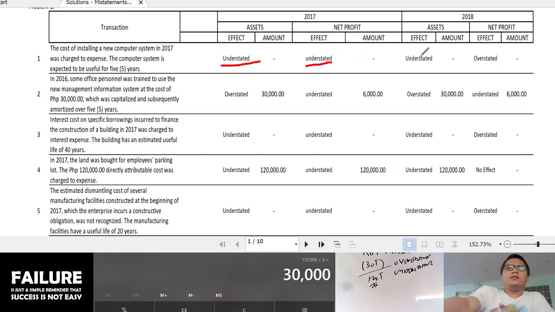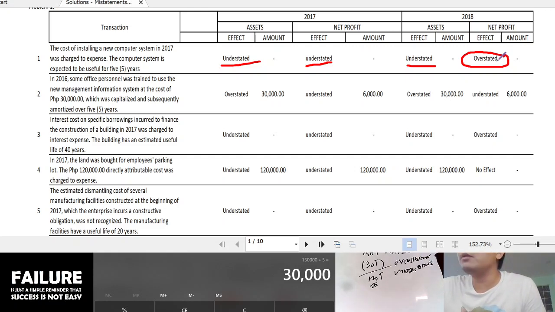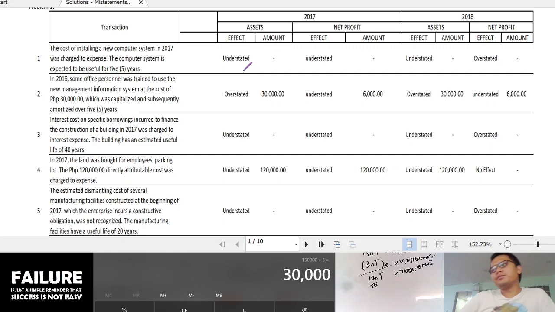In 2018, what will be its effect? Obviously, asset will still be understated because we under-recognized the asset. In the net profit, the effect is just the unrecognized depreciation expense of 30,000, assuming the amount. So in 2018, we have an understatement of asset and an overstatement of net profit by 30,000. That is easy, right?